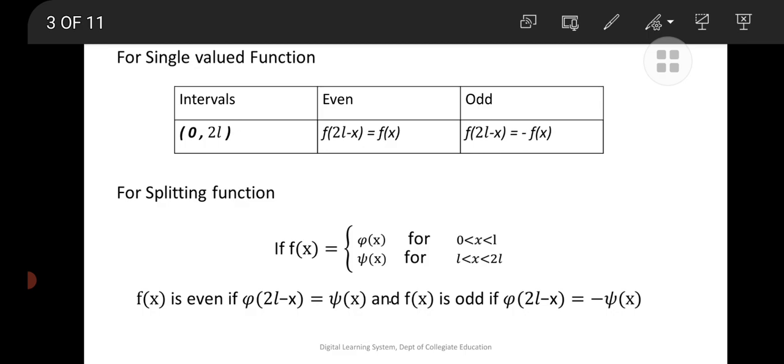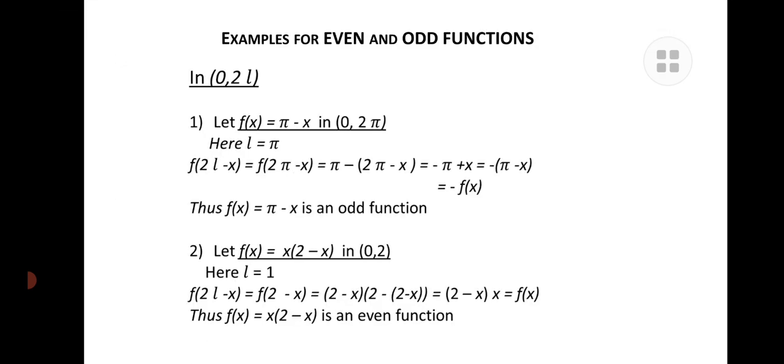Then f of x is even if, as I said earlier, psi of 2L minus x is equal to psi of x, and f of x is odd if psi of 2L minus x is equal to minus psi of x.